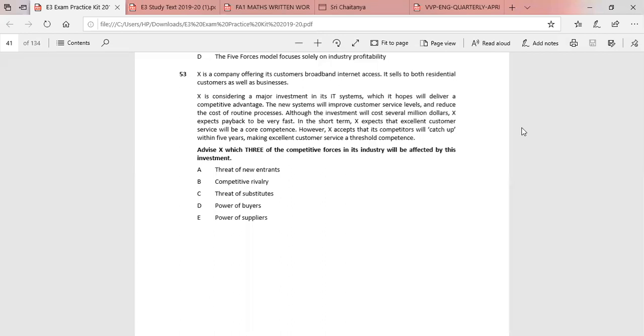X is a company offering its customers broadband internet access. It sells to both residential customers as well as businesses. X is considering a major investment in its IT systems, which it hopes will deliver a competitive advantage. The new systems will improve customer service levels and reduce the cost of routine processes.